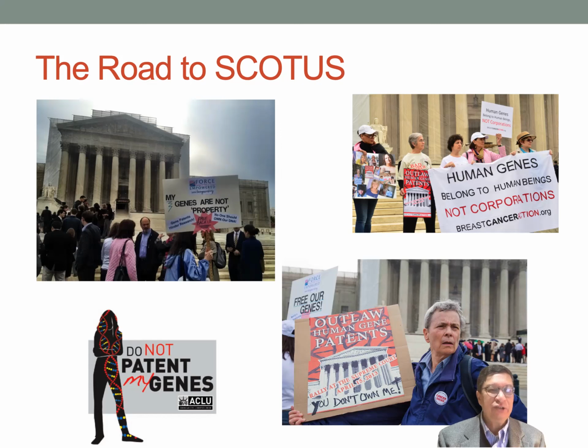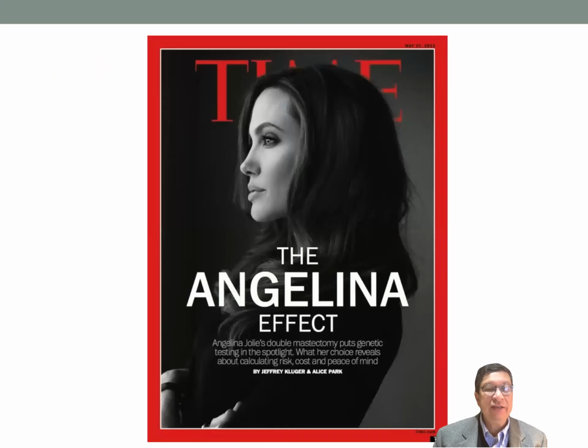And the ACLU generated significant interest in this case, in this issue, among advocates and activists, such that it was very clear as it was going up to the Supreme Court that there was significant public interest in it.